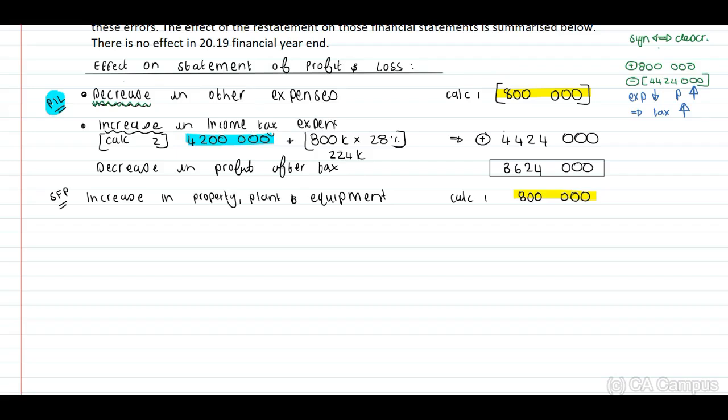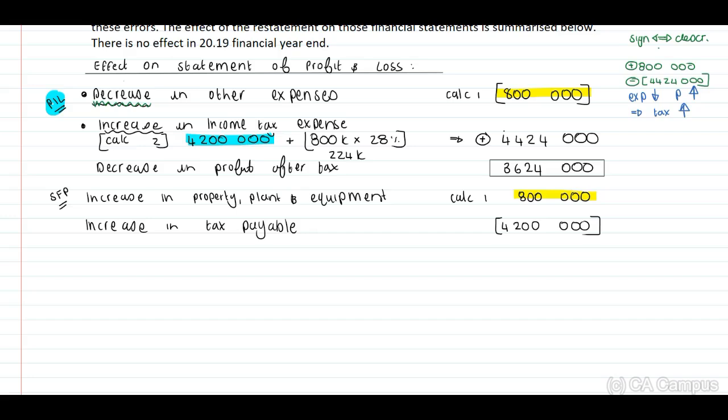Now, this 4.2 million relates to an increase in our tax payable, because they now have to pay this. Think about your current tax calculation. Our tax payable, and this is our 4.2 million. This is a liability, therefore I prefer to include this in brackets, right?